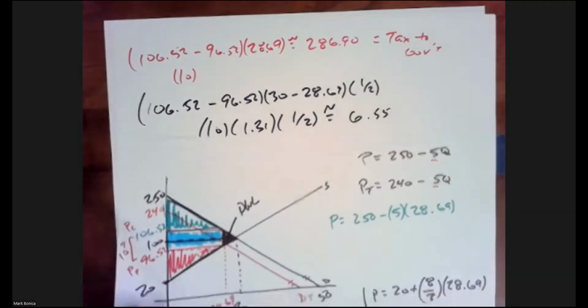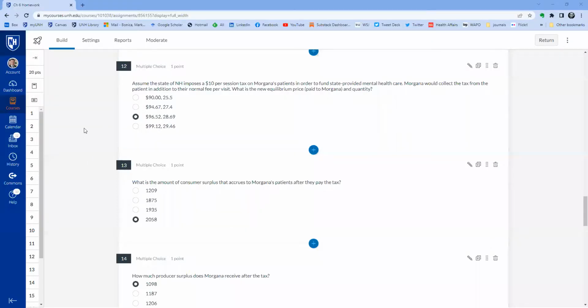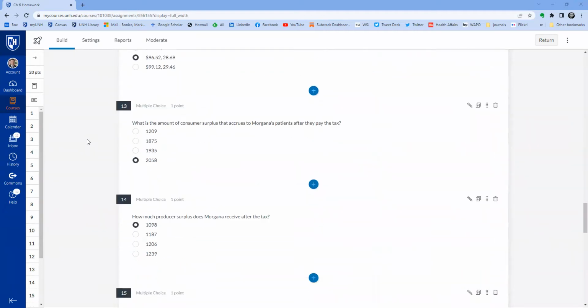All right. So what did we say? Well, Morgana is now going to get 96.52. She was going to produce 28.69 visits. The amount of consumer surplus that accrues to Morgana's patients after they pay the tax, we said was, lost my page here.